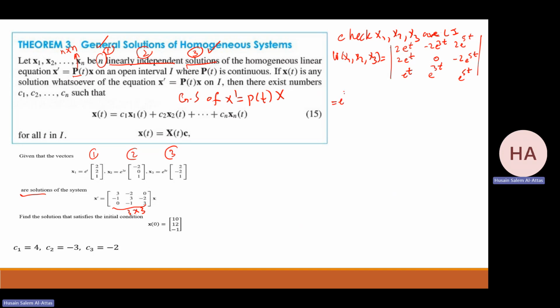I'll take this out: e^t, e^3t, e^5t, which is e^9t. Determinant of 2, 2, 1, minus 2, 0, 1, 2, minus 2, 1.